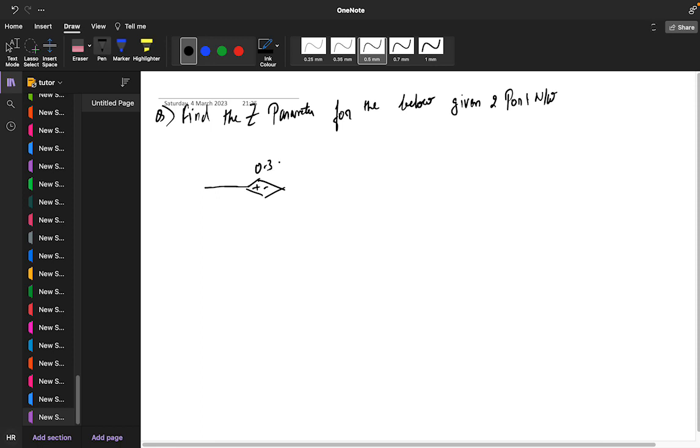This is 0.3 V2, 4 ohm, and 0.2 I2. These two are dependent sources, depending upon the voltage. Okay, 4 ohm, and here we have a 10 ohm resistor. This is your two-port network.